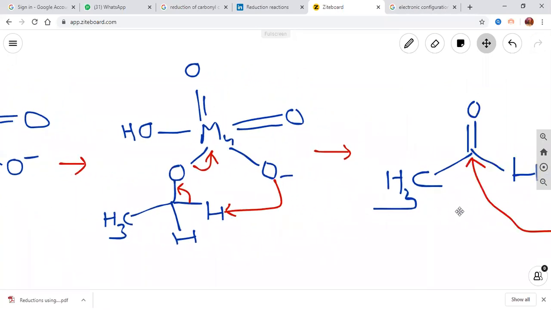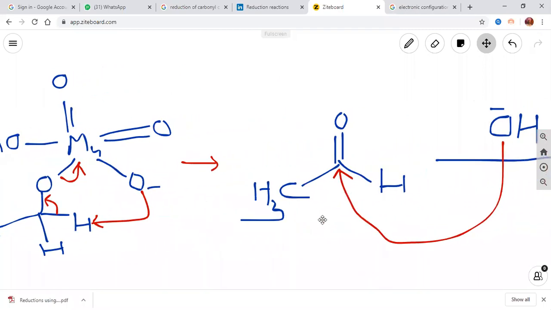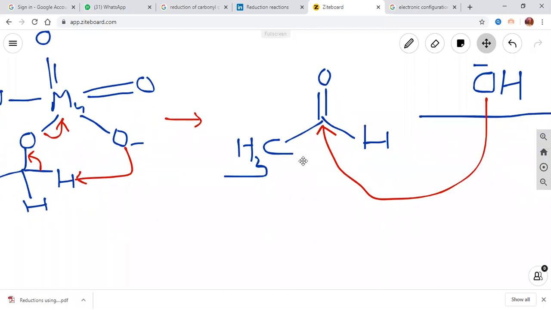So we get an aldehyde. This is an aldehyde. I'll write here, aldehyde.